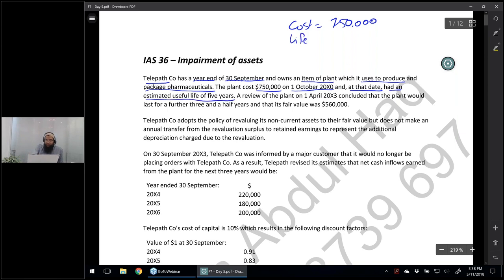A review of the plant on 1st April 20x3 concluded that the plant would last a further 3.5 years, and its fair value was 560.